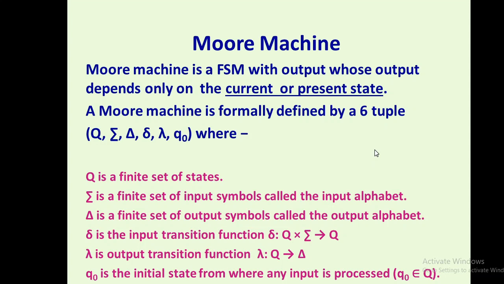Delta is the input transition function and it maps from Q cross sigma to Q. And lambda is the output transition function and it maps from Q to the output alphabet. Q0 is the initial state from where any input is processed, and Q0 belongs to the set of states Q.